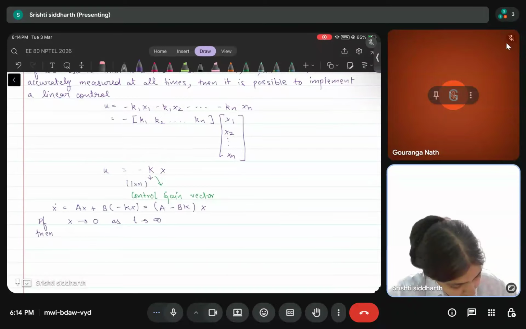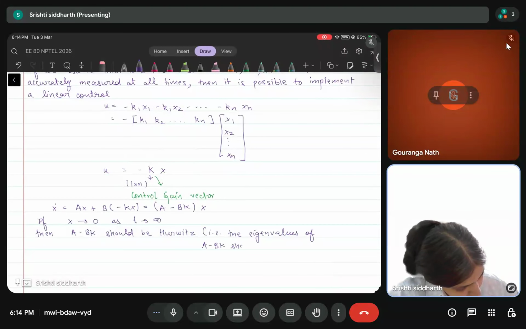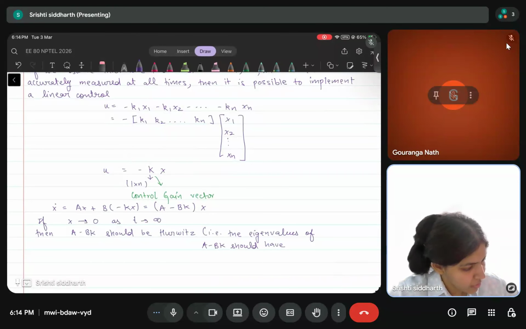then A minus BK should be Hurwitz, with negative real parts.